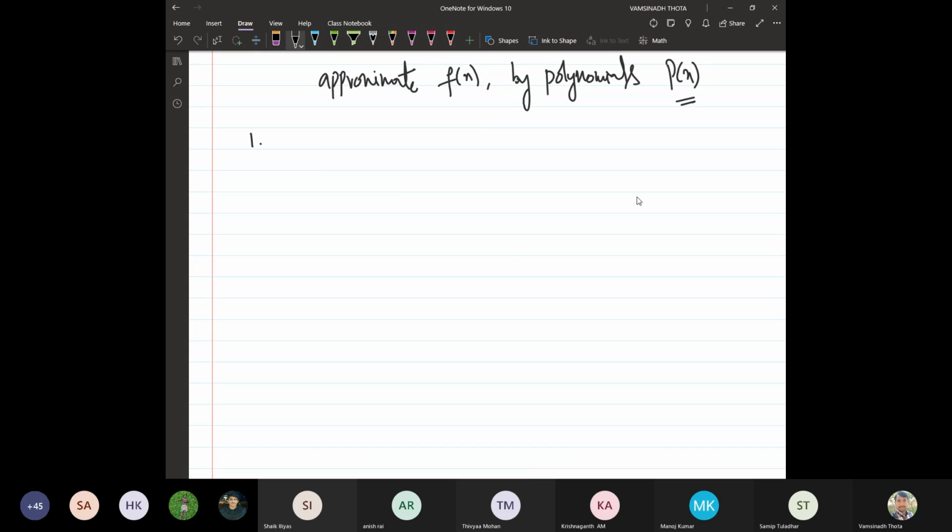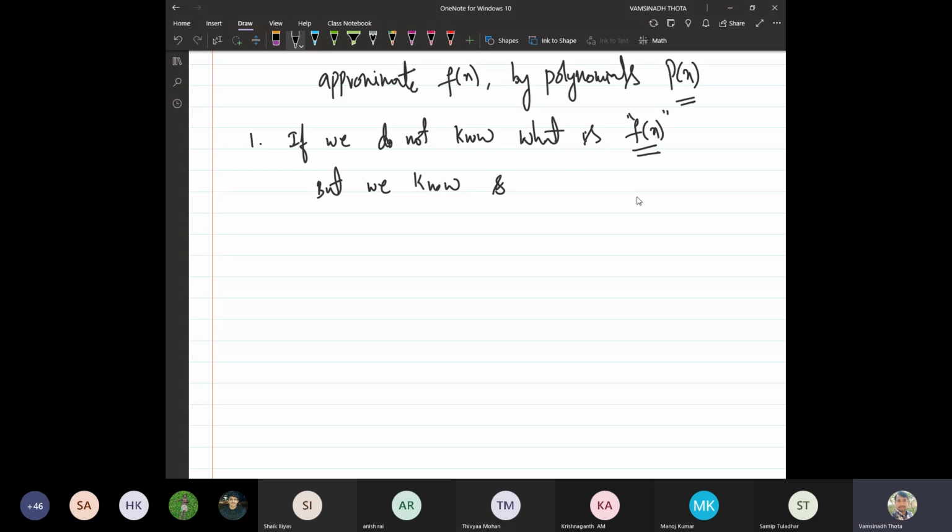One thing: suppose we do not know what f of x is in the entire domain, but we know the values of f at some points.